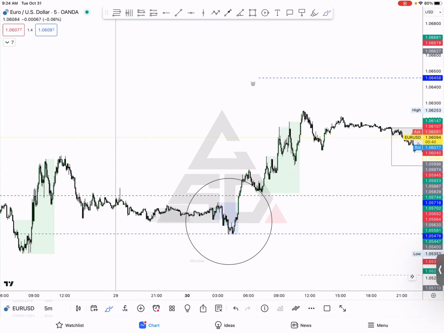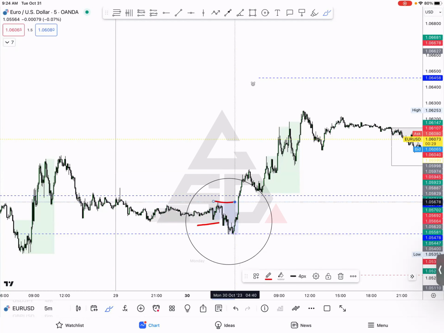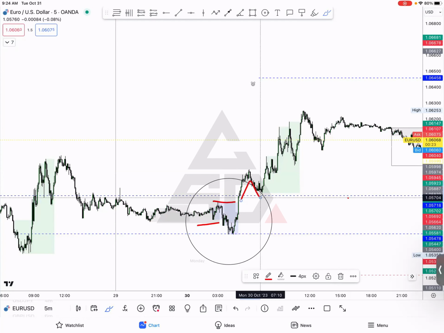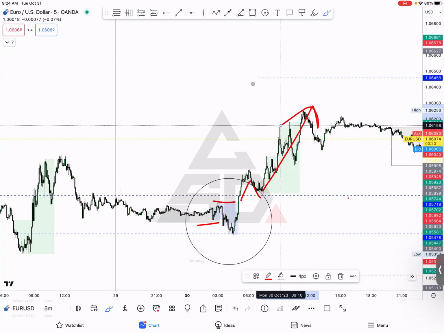I'm going to mark it out for you. See that? Raid on stops. Buy side broke. Market structure shift. Price comes back, rebalances, distributes. You see that? That was in London session.